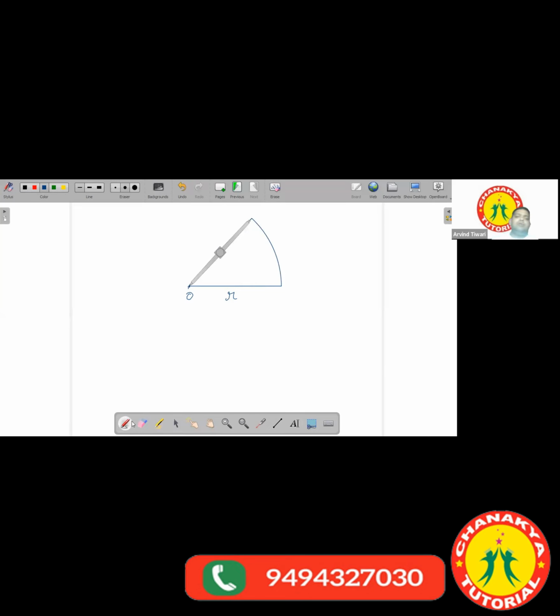Now see what the value of this angle will be in radian measurement. The part AB of the circumference, we call this the length of arc, denoted by the symbol L. So the angle in radians is given by theta equal to length of arc divided by radius.